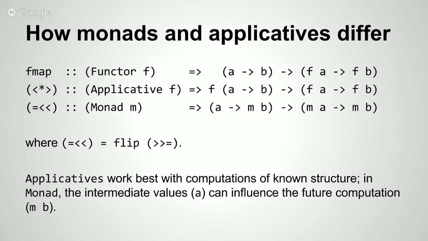And finally, monad allows, that's the flip of bind. So this flip bind operator, rather than taking a value in a context, takes a function, a Kleisli arrow, and applies it to the monadic container. And what that means is that your intermediate values, your A's, not your F's of A's, but your A's, can influence the future evolution of the computation.